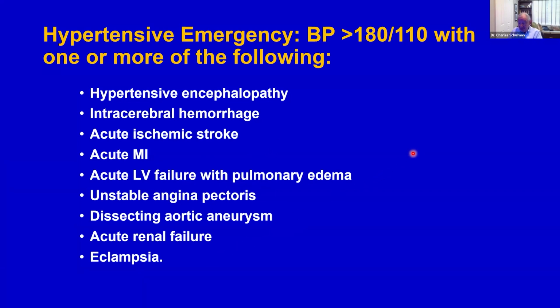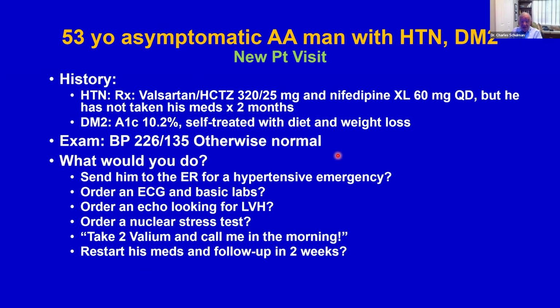It used to be called hypertensive urgency, but that's probably not an accurate term. This is really uncontrolled blood pressure, but not an emergency. So no, I wouldn't send him to the emergency room.